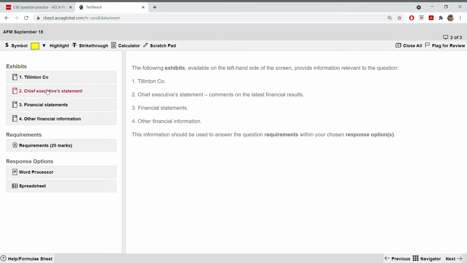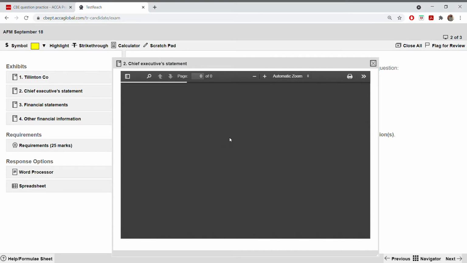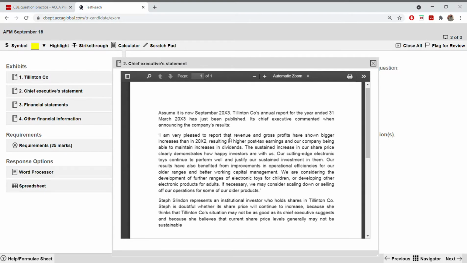Coming to Exhibit 2, this is the chief executive's comment. I am very pleased to report that revenue and gross profit have shown bigger increases than in 2000, resulting in higher post-tax earnings and our company being able to maintain increases in dividends.